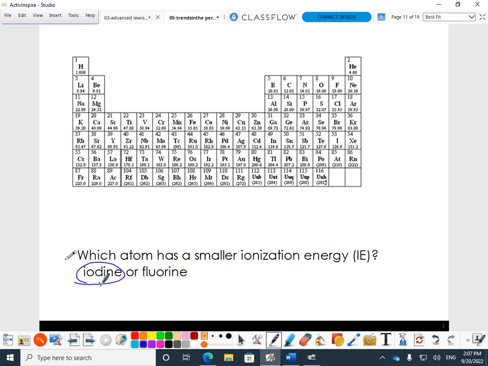Okay, so this is a nasty question as well because neither of them you would think of as losing electrons. So then you kind of have to remember the trends. So this for sure is the most difficult topic we've done by far.